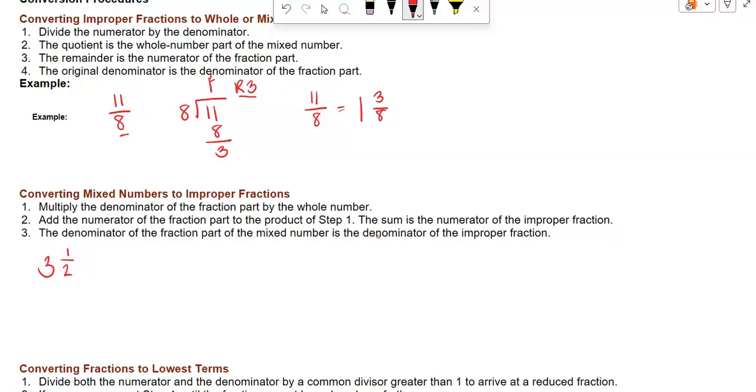So I'm going to multiply 2 times 3, and then I'm going to add the numerator of the fraction. So 2 times 3 is 6, and then 6 plus 1 is 7. Okay, and then your denominator is going to be your same denominator. So that's 7/2.